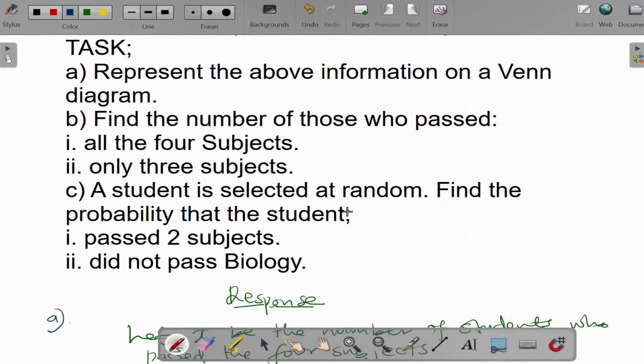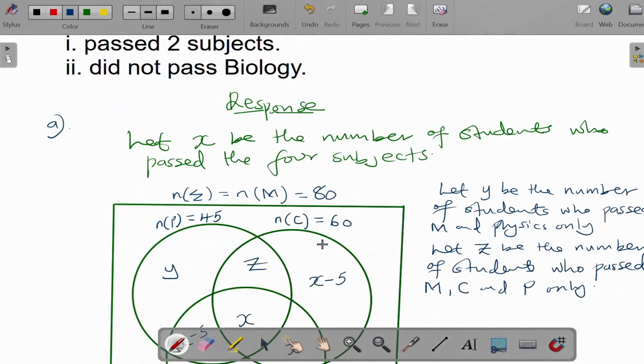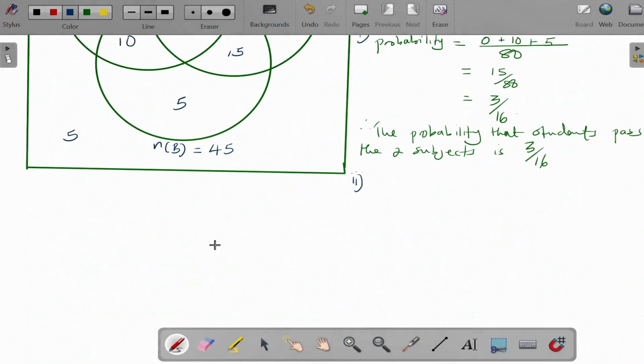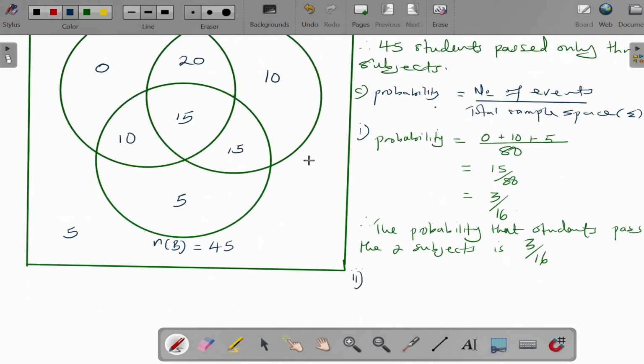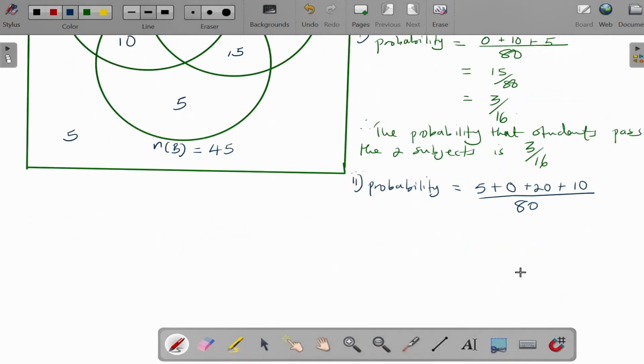Number 2 says find the probability that the student selected did not pass biology. So we are going to sum up this 5 plus 0 plus 20 plus 10. So the probability for this one equals this 5 plus the 0, those who passed physics and math only, plus 20 plus 10, then divided by our sample space, which is 80.